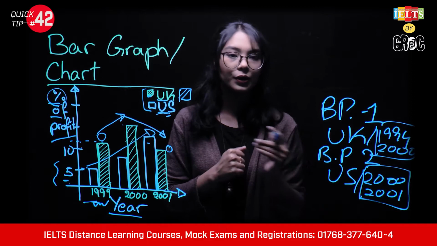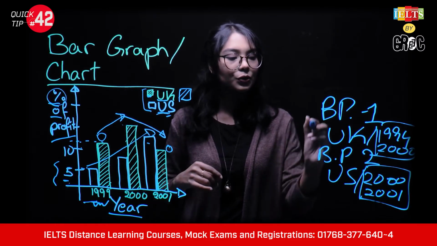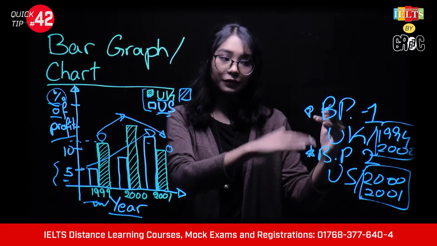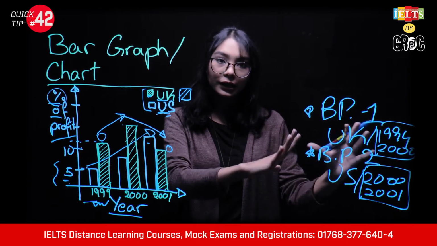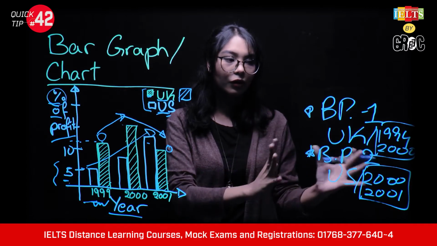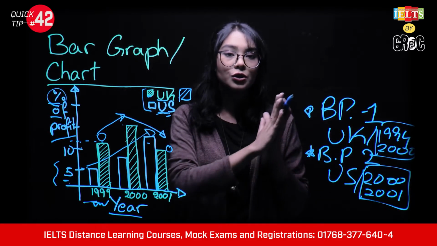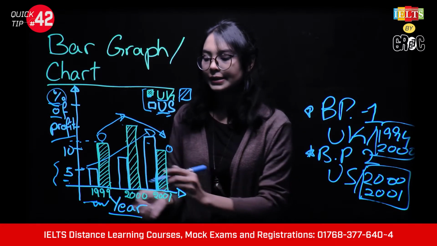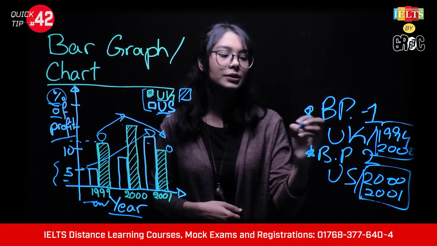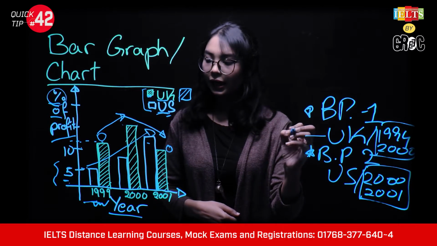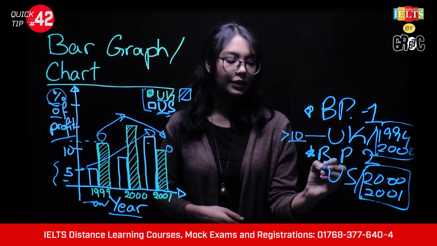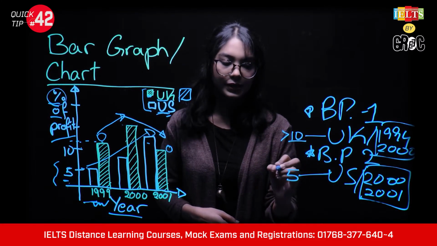Okay, so you're going to make one set of data for 1999 to 2000, another set for 2000 to 2001. In this way you will divide your ideas into two body paragraphs and write the sentences and paragraph in detail. So whatever you present, remember to give the data as I've said before. For example, if here it is 5%, you will say that first UK had around more than 10% and US had 5%.